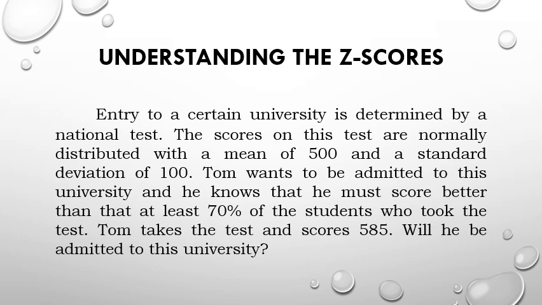Now, Tom wants to be admitted to this university. Gusto si Tom nga mosulod ani nga university kay dito siya eskwela. And he knows that he must score better than at least 70% of the students who took the test.